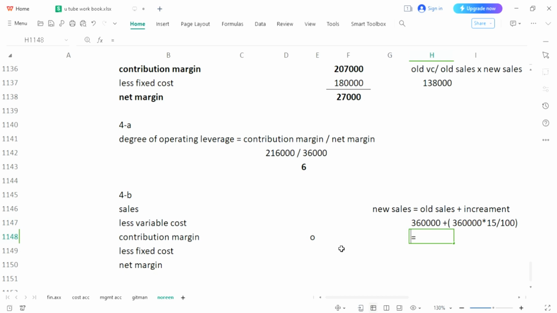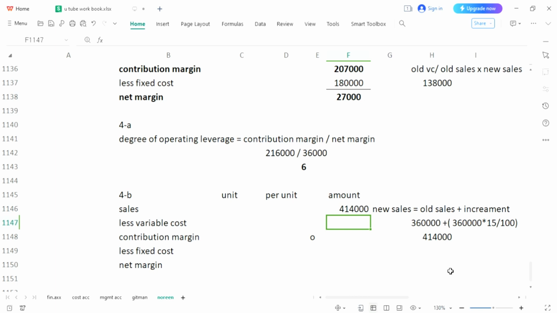Now we are putting it on our calculator: 3,60,000 plus 3,60,000 multiplied by 15 divided by 100. In this way our new sales has arrived. Here we will be putting units, then per unit, and then we will calculate the amount. Our amount has arrived. As we have calculated, 4,14,000 is our new sales.